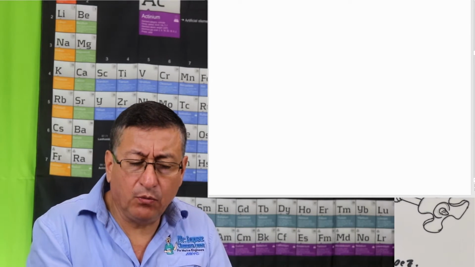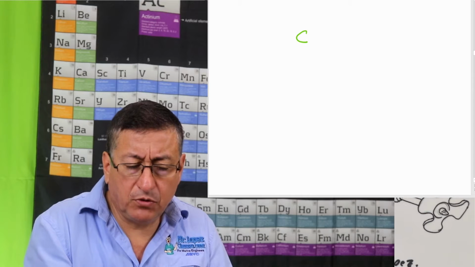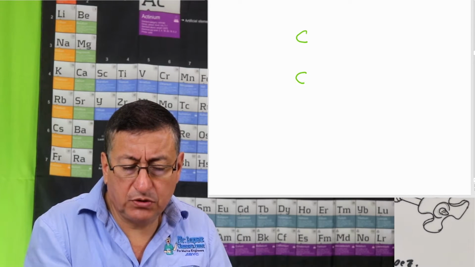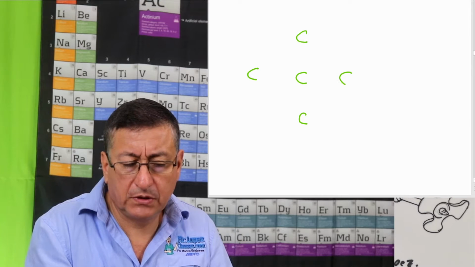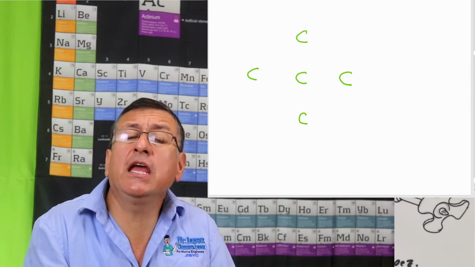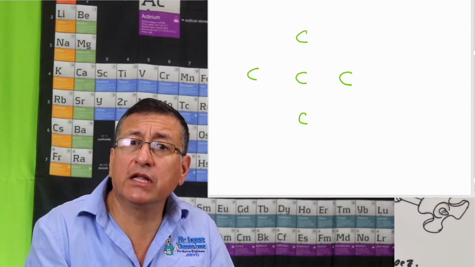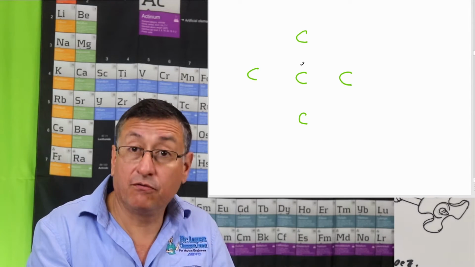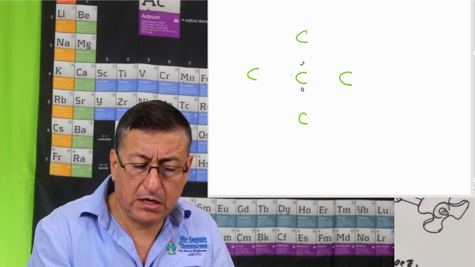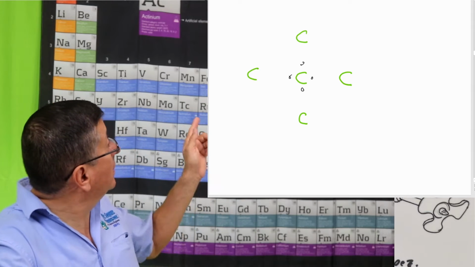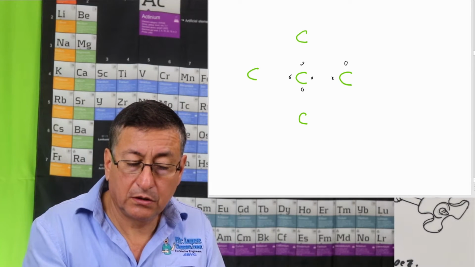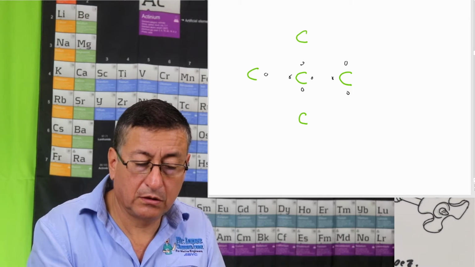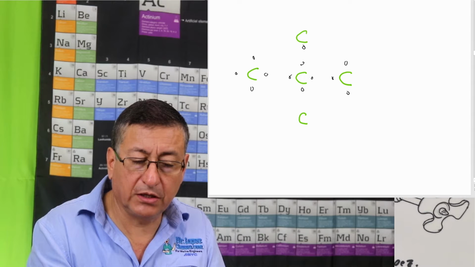Let me check what happens in that structure. I have carbons, pure carbons. Let me verify how many electrons a carbon has in the last orbit. 4 electrons, right? According to the periodic table, it is located in group number 4, so it has 4 electrons. Each atom has 4 electrons in the last orbit.